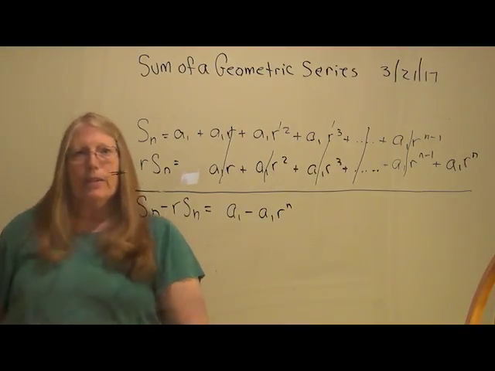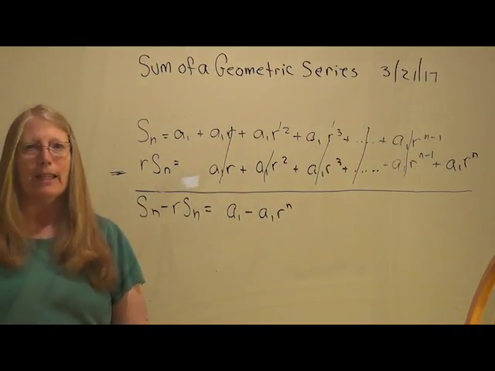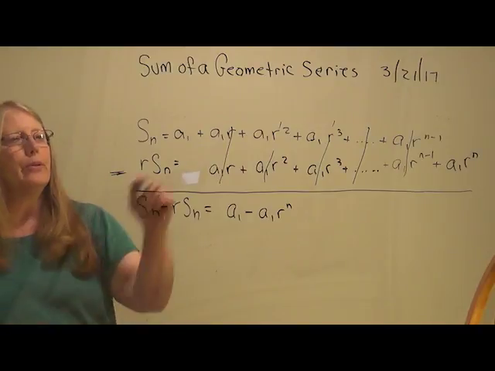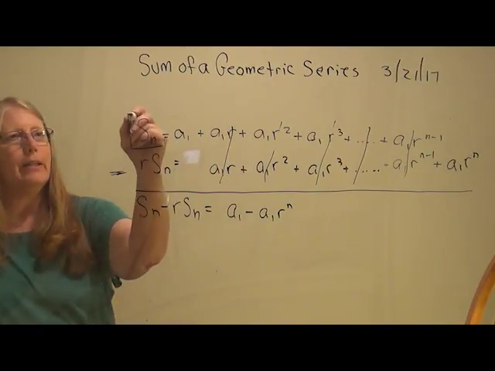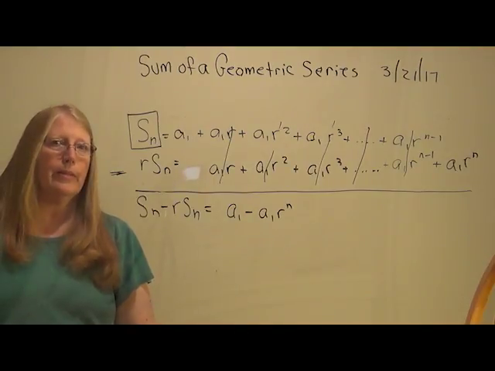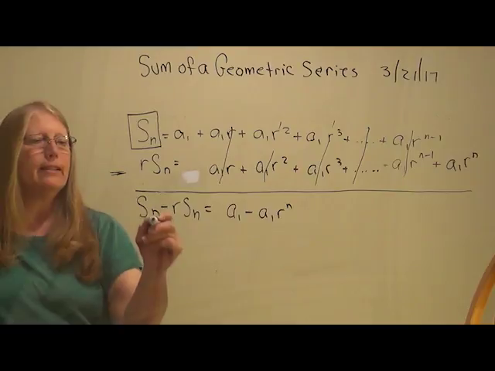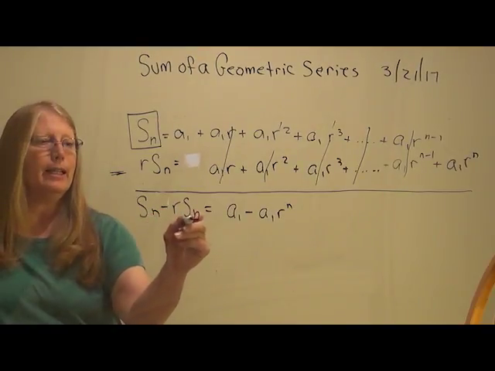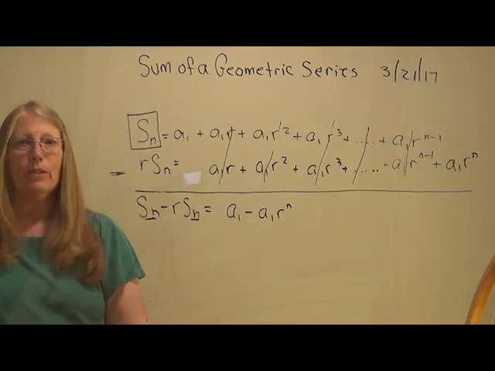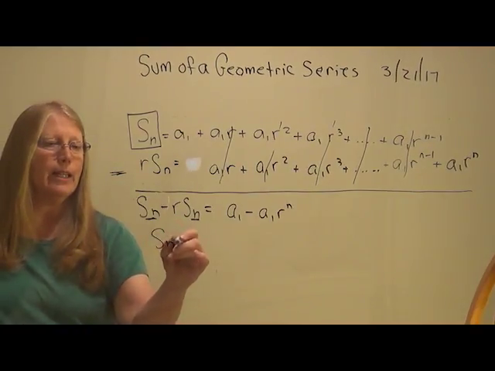Alright, now you can see, I hope, that we have something that is going to be helpful. Remember this whole thing was trying to find a formula for the sum of n terms in a geometric series. So I want to get s sub n. So I see s sub n here and here. Mathematically, when something's in two places, I can get it into one place by factoring it out.